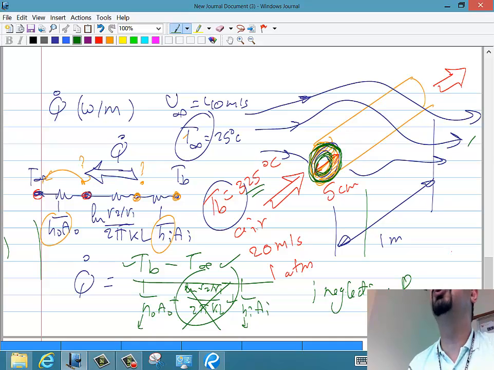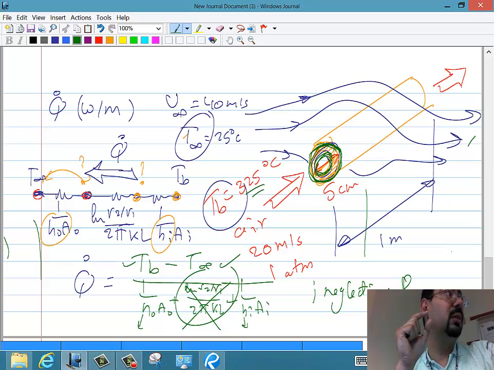He's just assuming it's around 325. So if we were given the inlet temperature, as we will see in the next problem, we expect the outlet temperature to be a little bit different. And therefore we expect the fluid property, the viscosity and all the stuff that we would need, to be evaluated at the mean. Not the inlet, not the outlet.